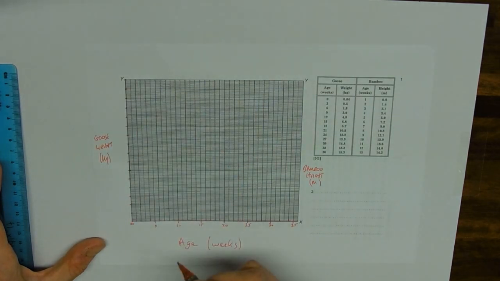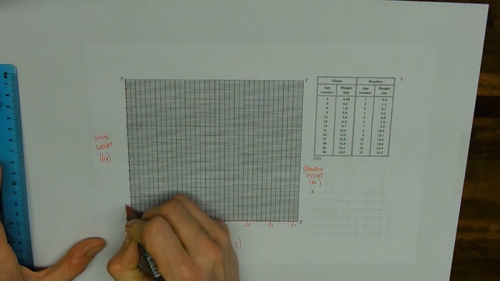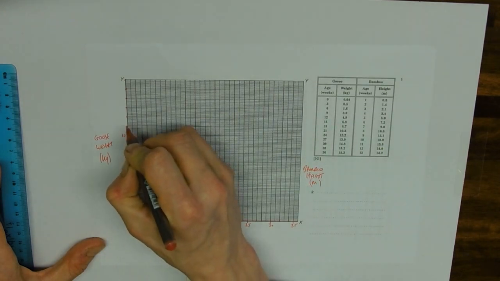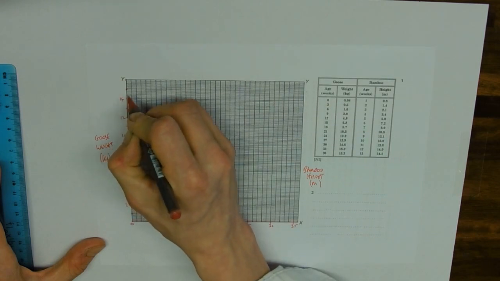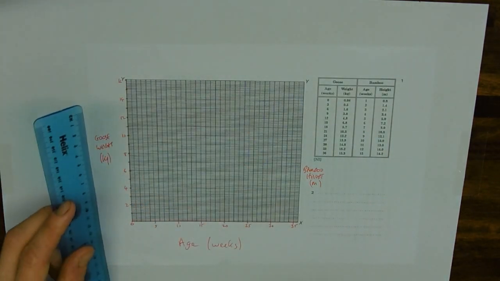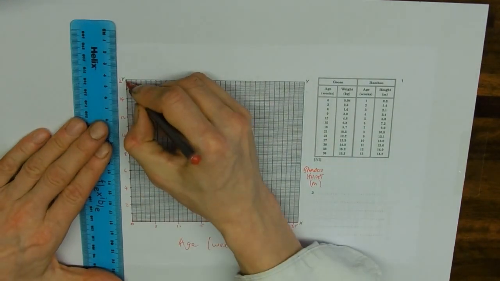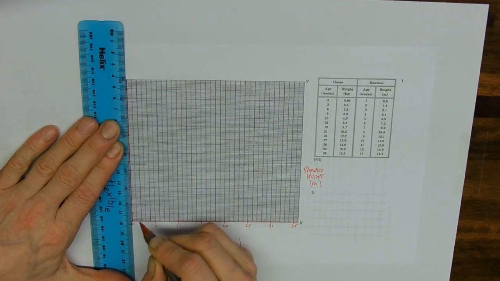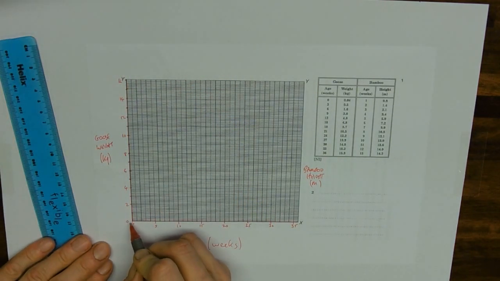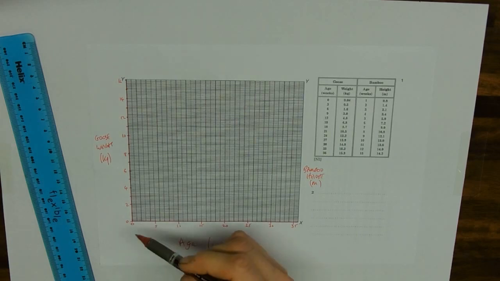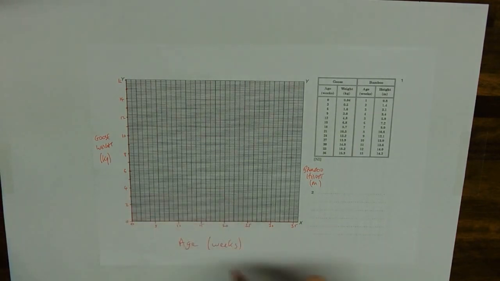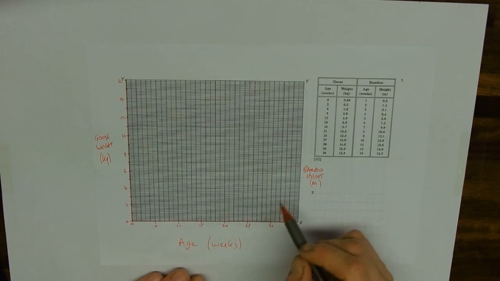If we went 2, 4, 6, 8, 10, 12, 14, 16 there. So that axis is absolutely fine, and we've got figures at the origin. It's a linear scale, we don't change the scale halfway through, and that would be a normal graph for our goose.